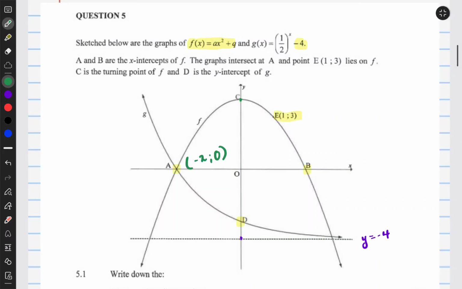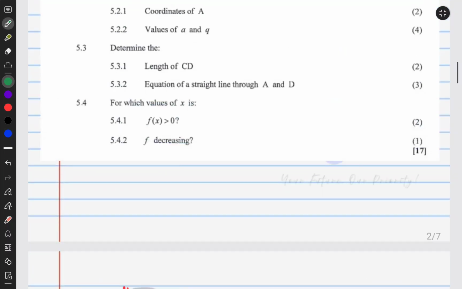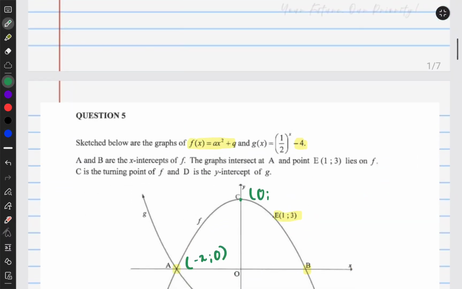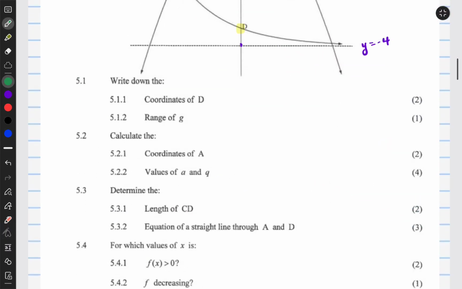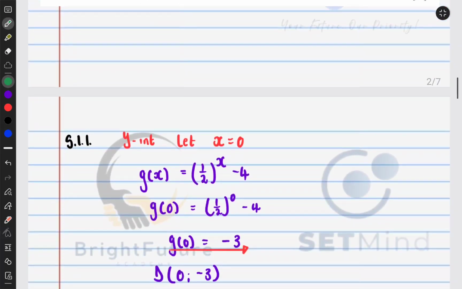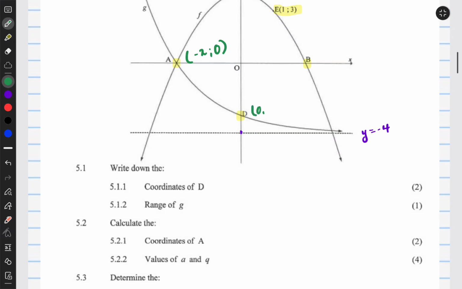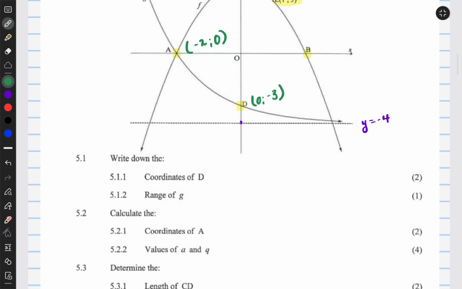The turning point is 0 and what is the value of q? The value of q calculated is 4. And then the coordinates of D, I believe that is what we calculated at the very beginning, is 0 and negative 3.